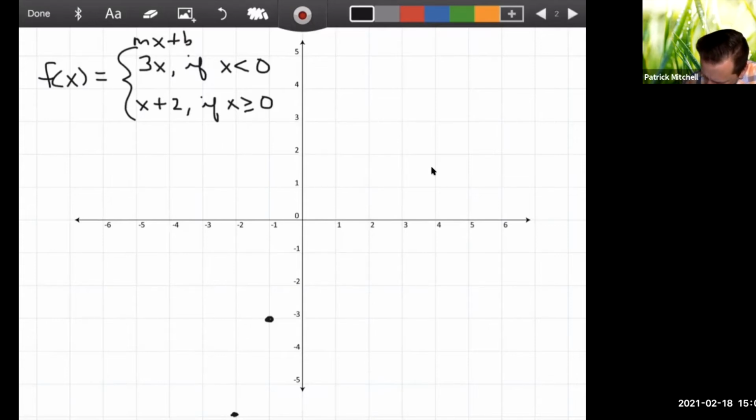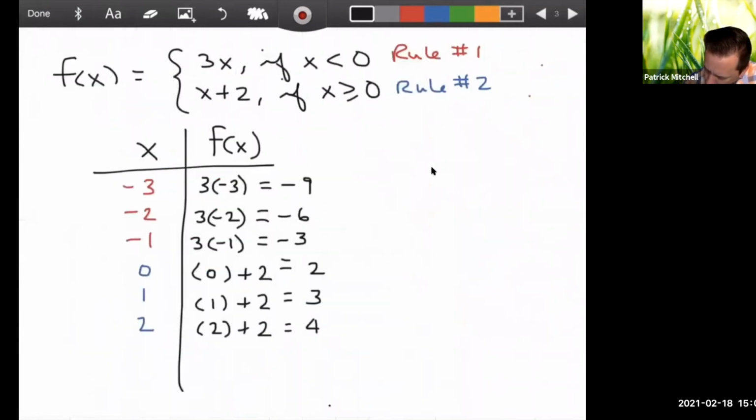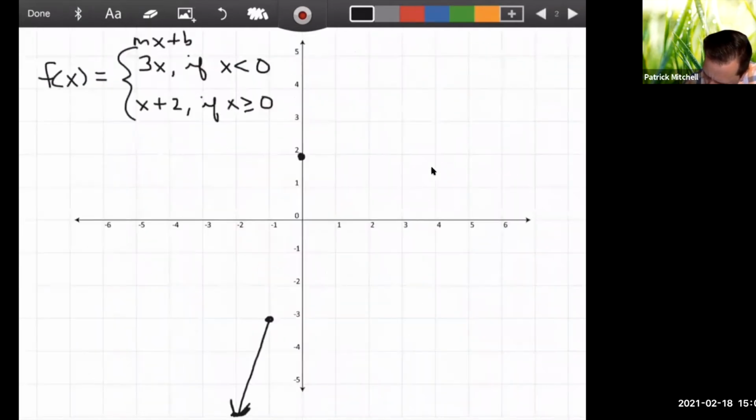So we could go ahead and connect those points. And now let's go over to rule 2. All right, so my points for rule 2 were 0, 2, 1, 3, and 2, 4. And that gives me another straight line. Okay.